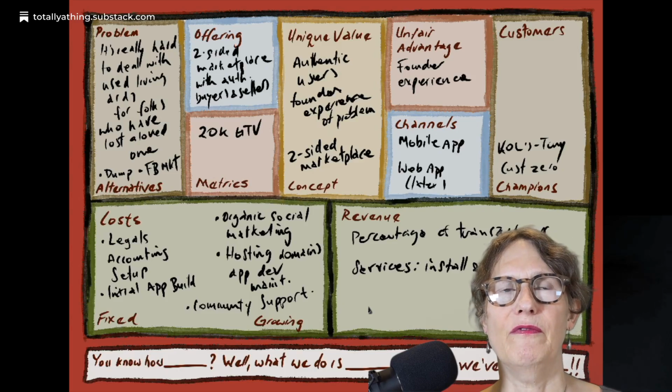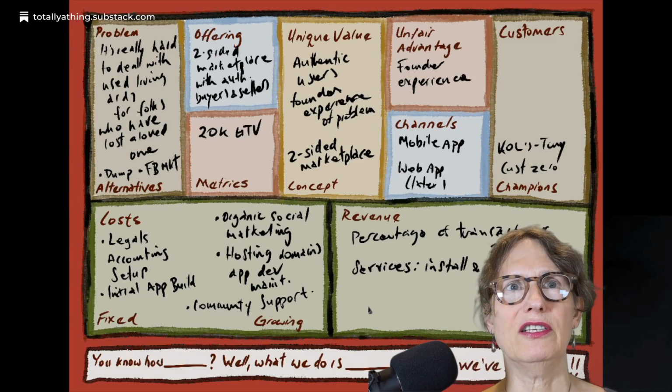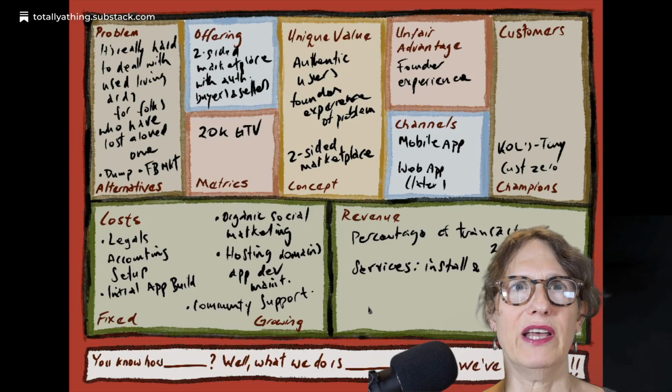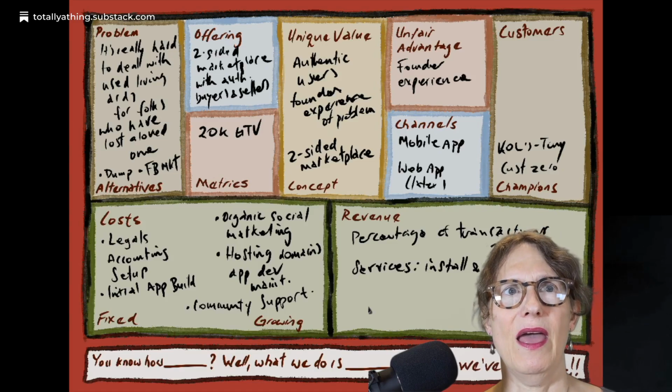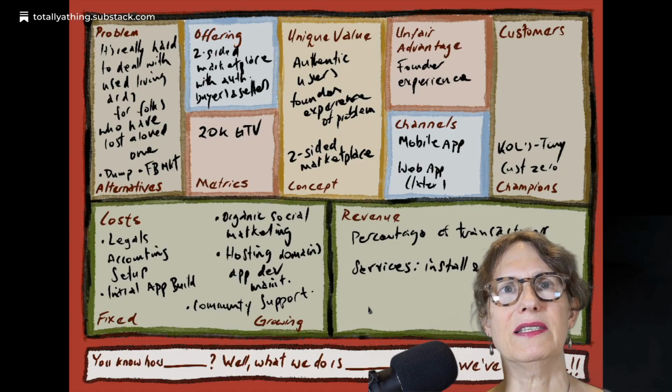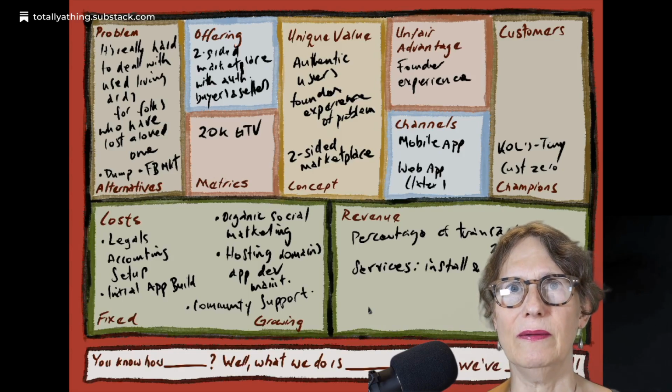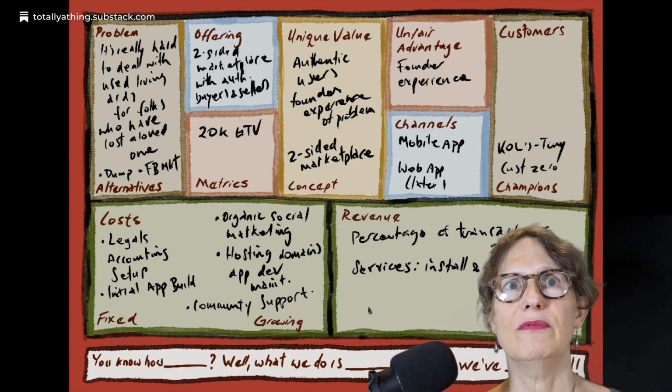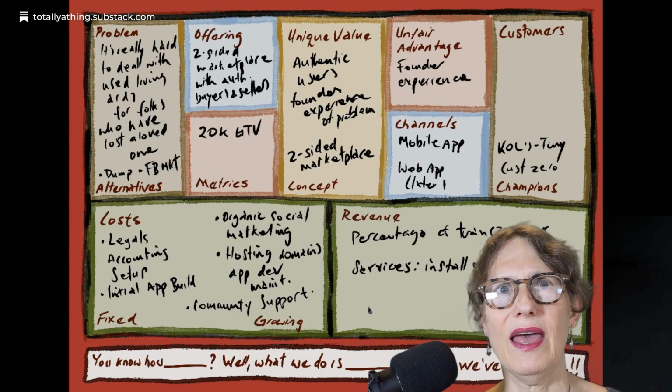So for Brian, he might say, well, a percentage of all transactions. We'll take, say, 20%. And Brian's costed that out. And let's say if he can get to 1 million transactions in a year, then 20% of that's going to be 200K.